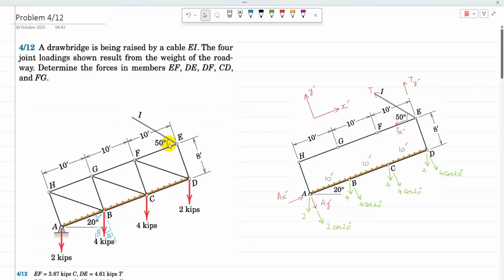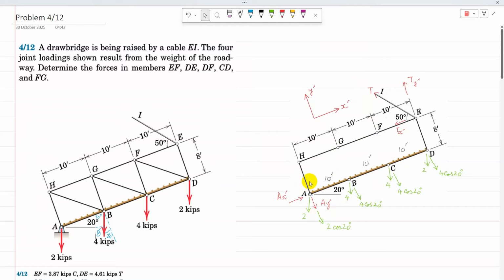Now, if I find the tension in the wire EI, then I can start with joint E. If I take moment about point A, I can eliminate AX dash and AY dash, and then I can find these components only.